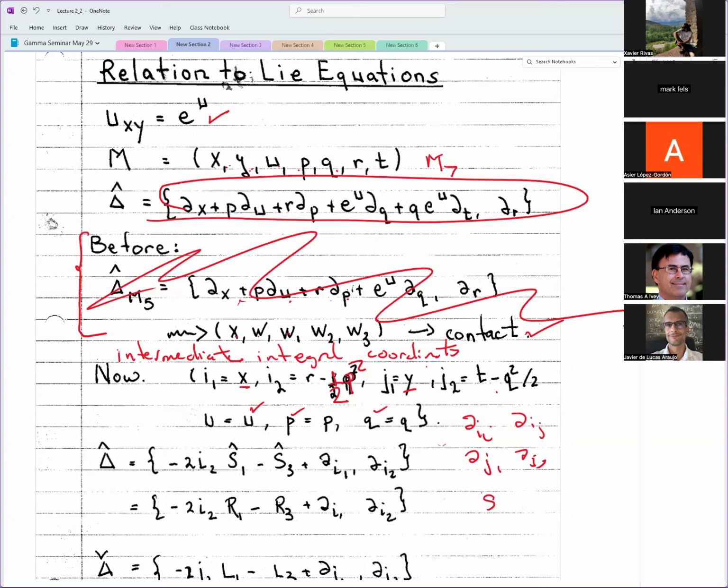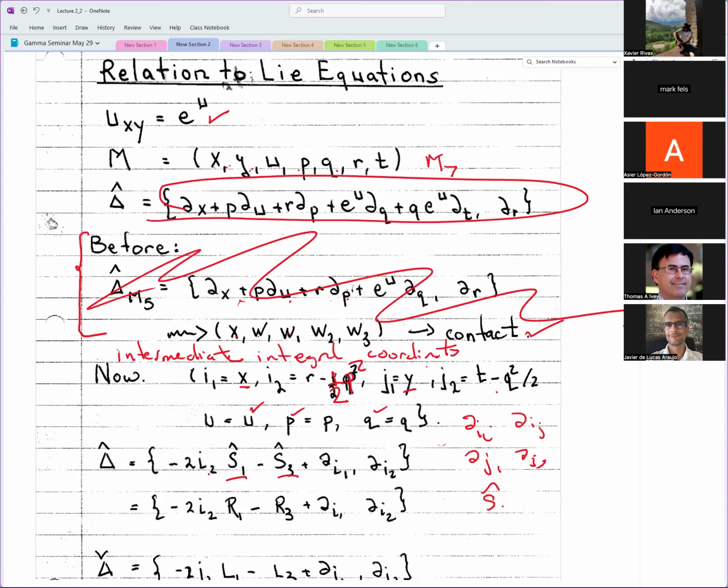That's 4, and I'm going to complete that to a frame for my space by using the S hats. And when I do that, I find a beautiful formula that delta hat is some combination of those 2 vector fields with an invariant or intermediate integral coefficient.